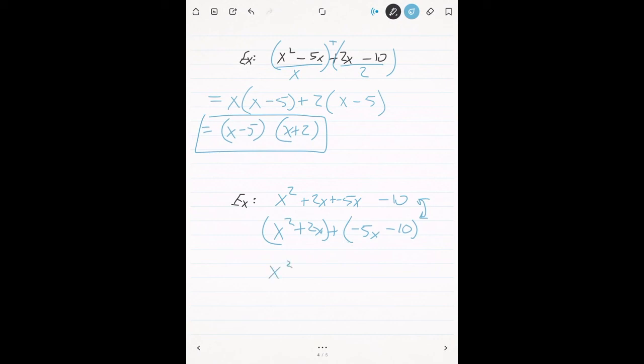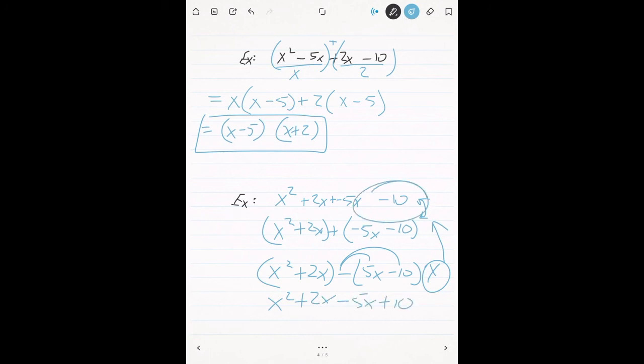If I wrote this, where I had the negative on the outside, suddenly these are not the same thing. Because this would imply I'm going to have to distribute a negative through to get x squared plus 2x minus 5x plus 10. That is not what I had at the beginning, okay?